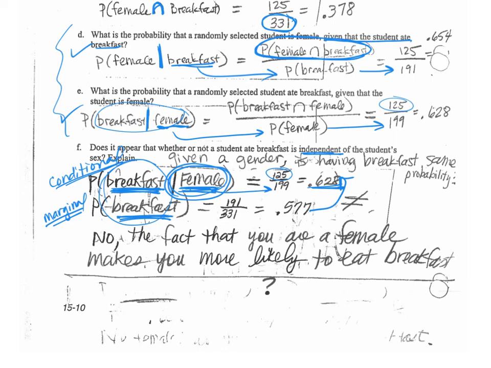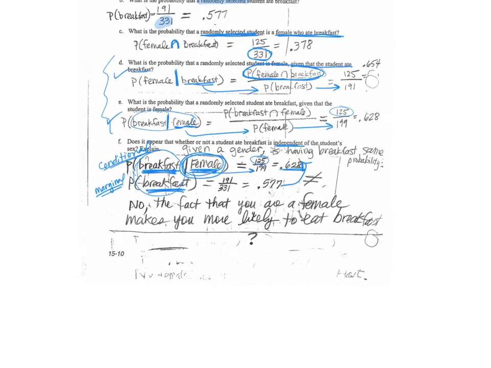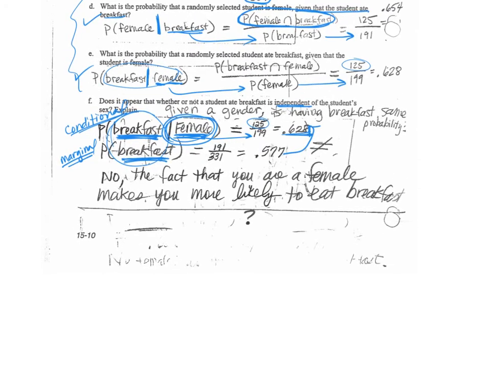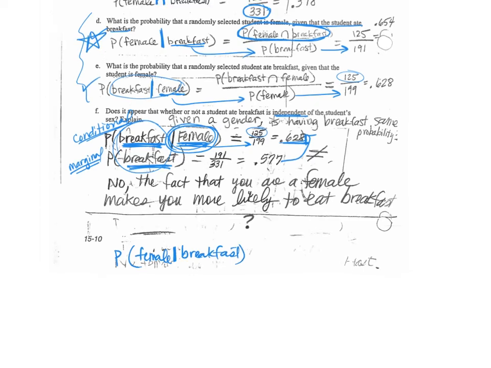Other ways you could have done this, you could have done the conditional that says, use one we've got there. Given that you eat breakfast, what's the probability that you're a female? Because that is what it asks. That's the conditional up here in part D. If you use that one, what would the marginal be?